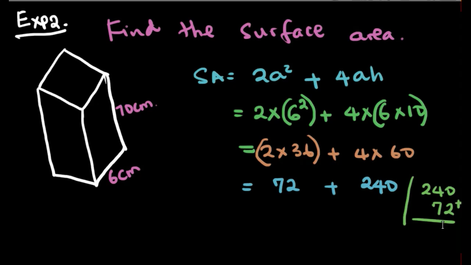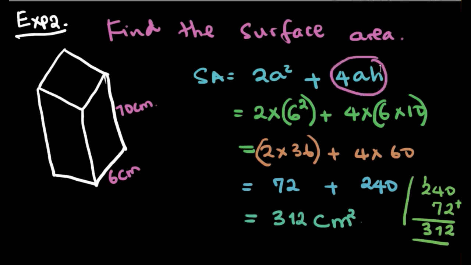So we get 2, we get 11, and we get 3. So this gives us 312 square centimeters.